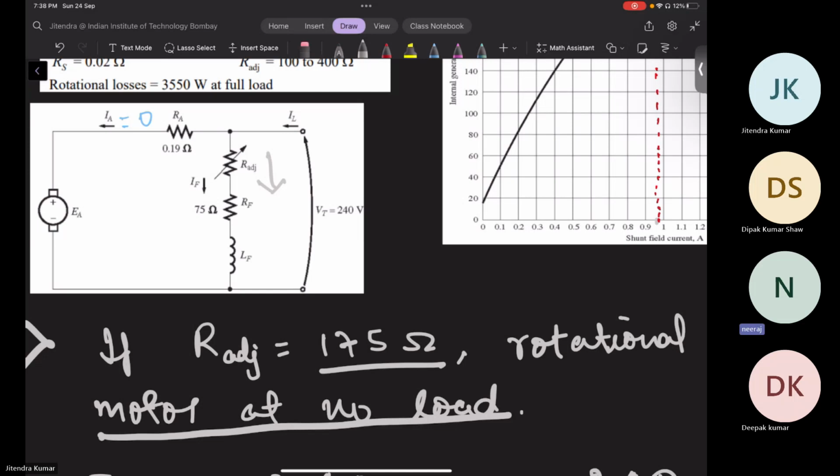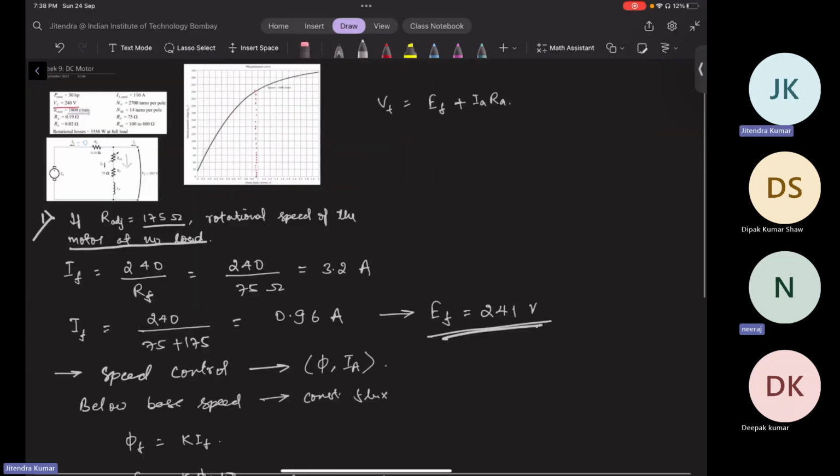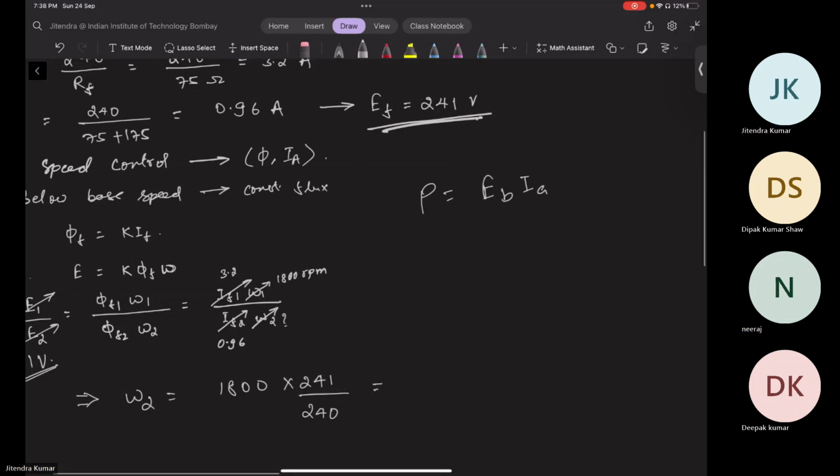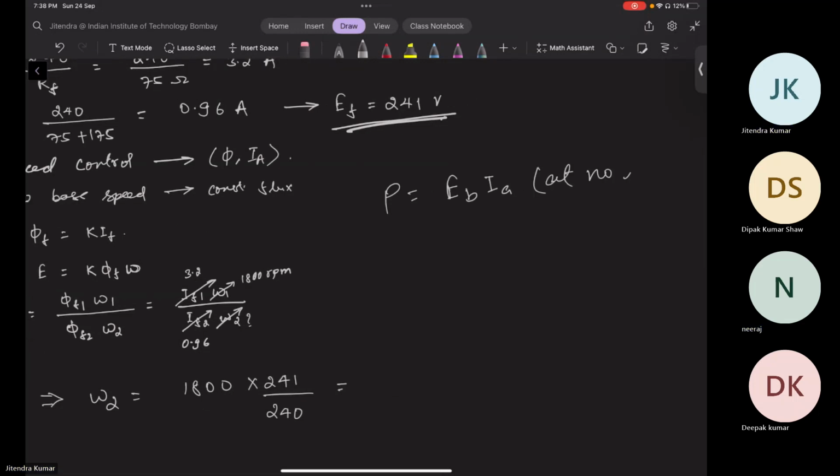Sir, to supply the losses there should be EA into IA, some non-zero value to supply the rotational losses. Yes, you are correct. At no load, IA is zero.